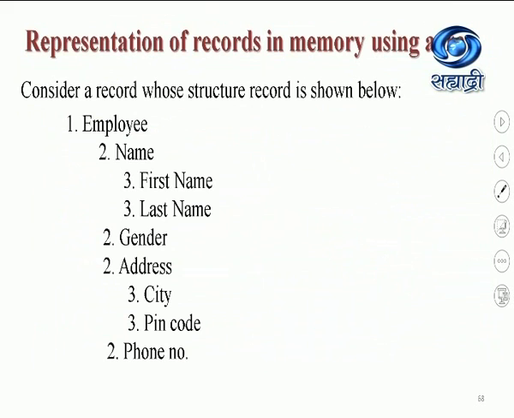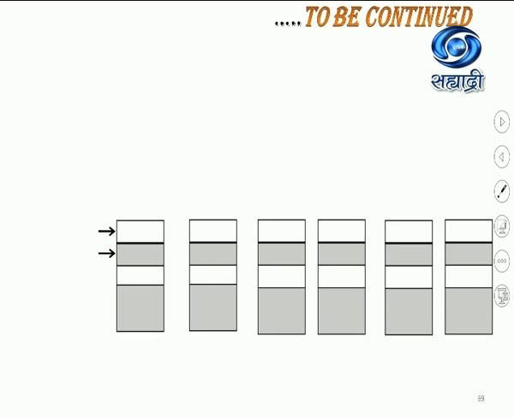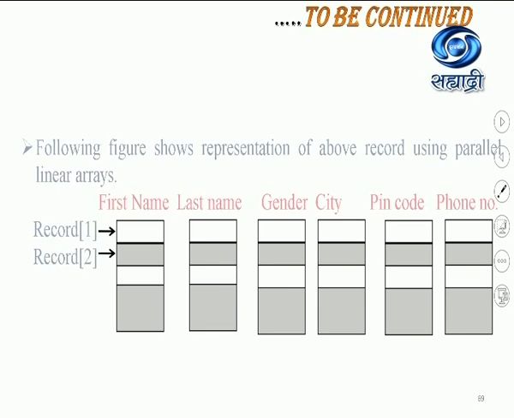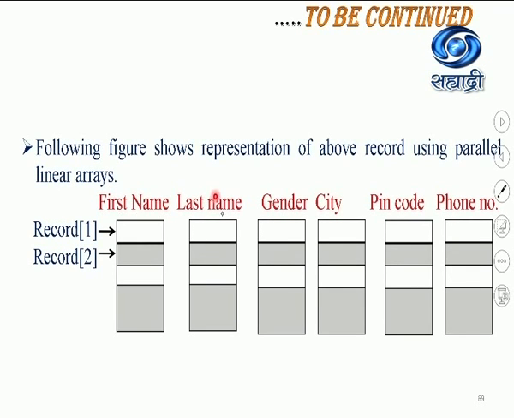If we want to represent this record in memory, then you require these arrays. The first array stores the first name, then last name, gender, city, pin code and phone number. You can see that each array is of the same size.